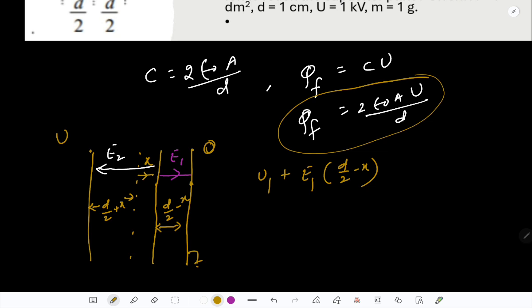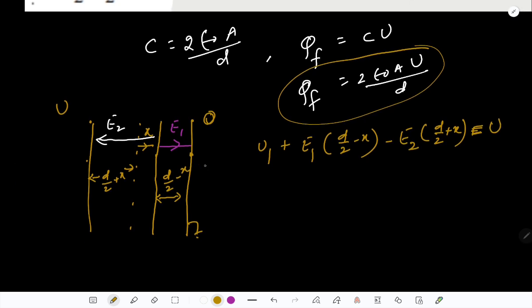Potential is getting decreased. That means moving from here to here, we are going to lose the potential difference by E2 multiplied by d by 2 plus x, and then we finally reach potential U, and that is equal to U in fact.